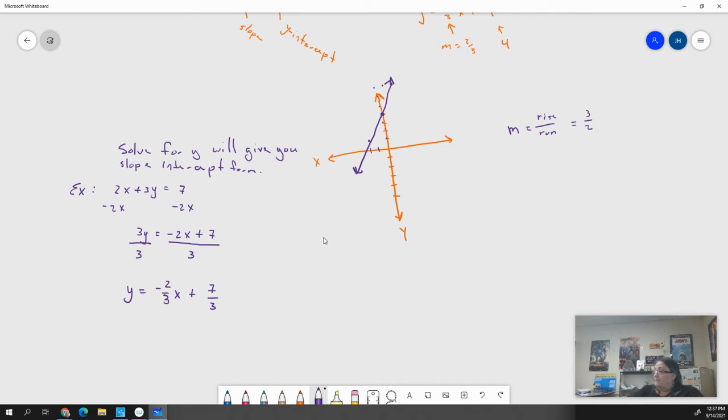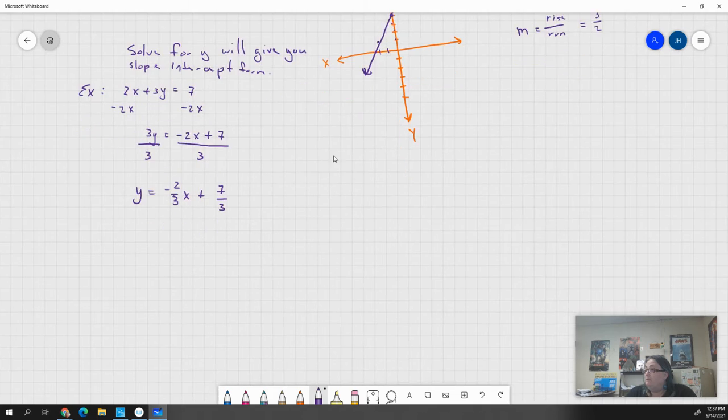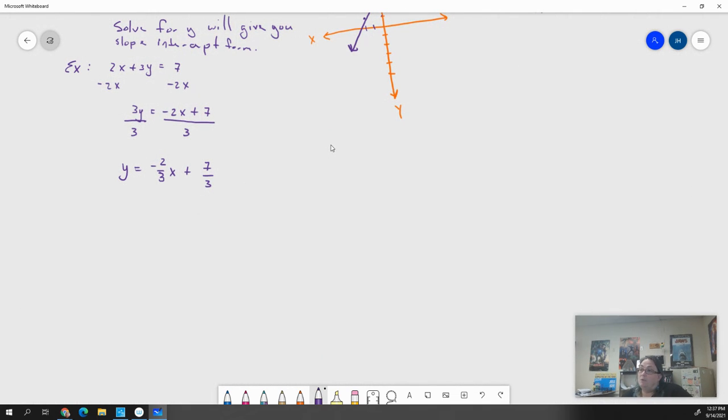What if I have something like y equals 2? Anybody know what that looks like? If I were to try and graph it, maybe.